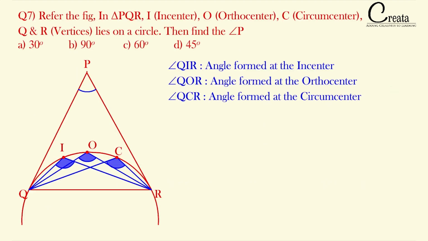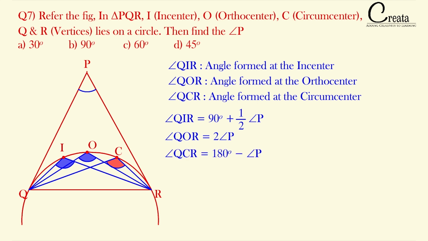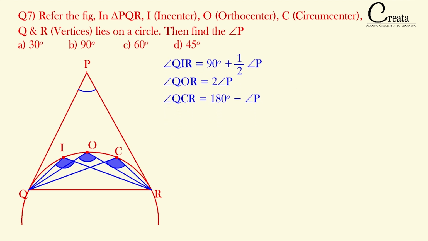We know the angle at the incenter is 90 degree plus half of the opposite angle, that is P by 2. And we know the angle formed at the circumcenter is twice the opposite angle, that is 2 times P. And we know the angle formed at the orthocenter is 180 degree minus the opposite angle, that is angle P.